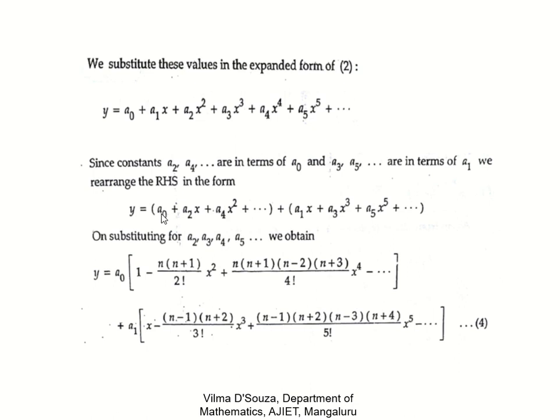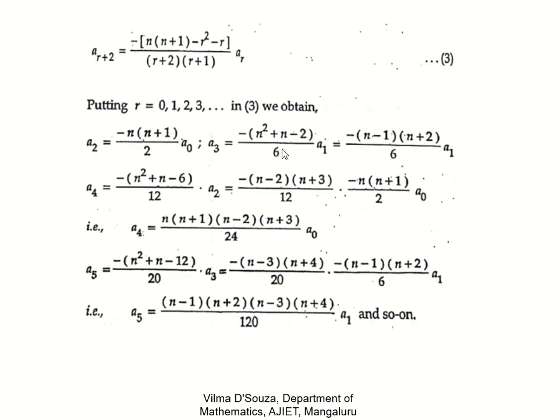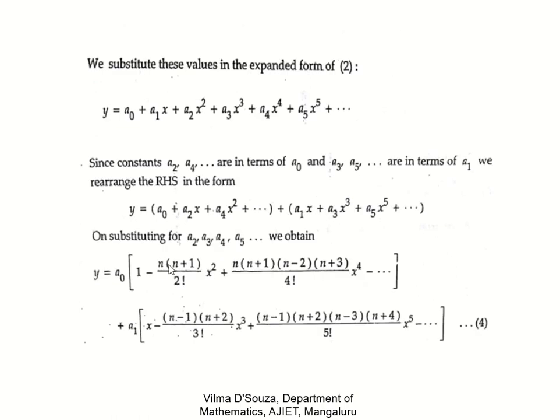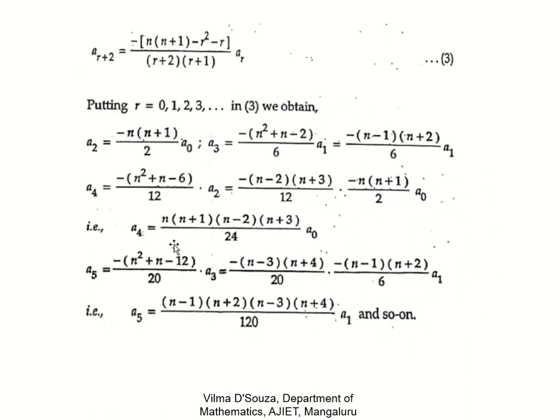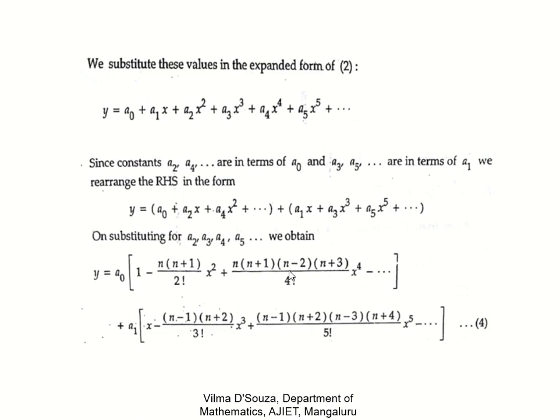A naught, if you take out from the first term, this is 1. What is your a2? a2 is here, minus n into (n plus 1) by 2 into a naught. So a naught I have taken out, remaining is minus n into (n plus 1) by 2, right, into x square plus what is a4? a4 is n into (n plus 1), (n minus 2), (n plus 3) by 4 factorial into a naught I have taken out, into x power 4 and so on.